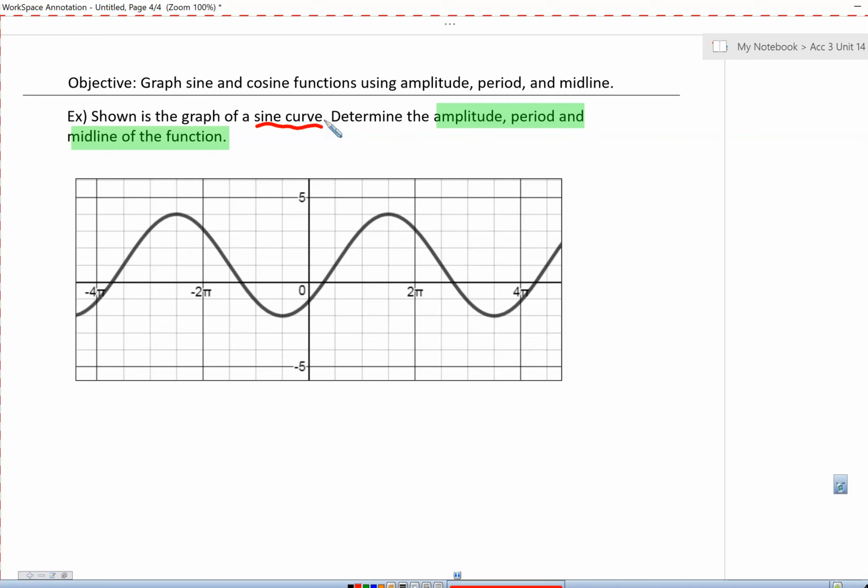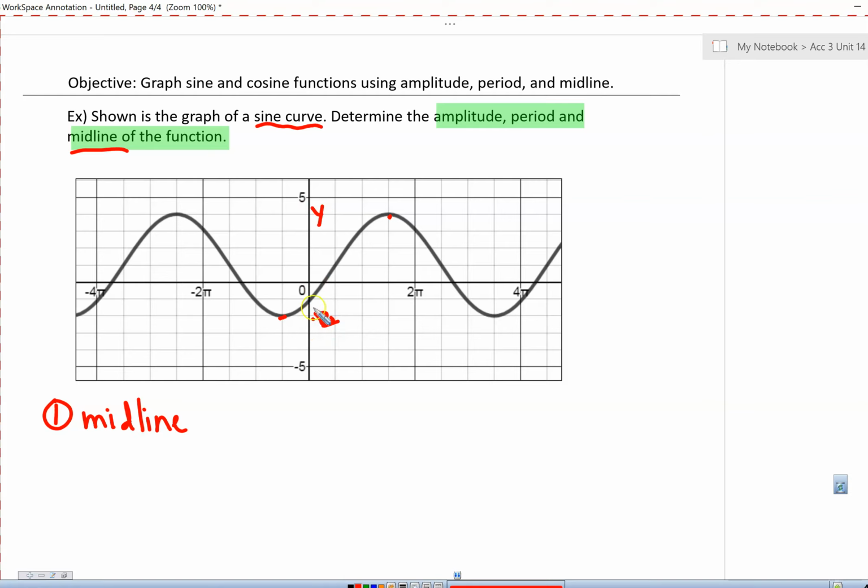What we want to do first, probably the easiest thing, is to find the midline. We do that by finding a maximum and a minimum. Here's a maximum. It's at a y value of 4. And here's a minimum. It's at a y value of -2, given this particular scale.